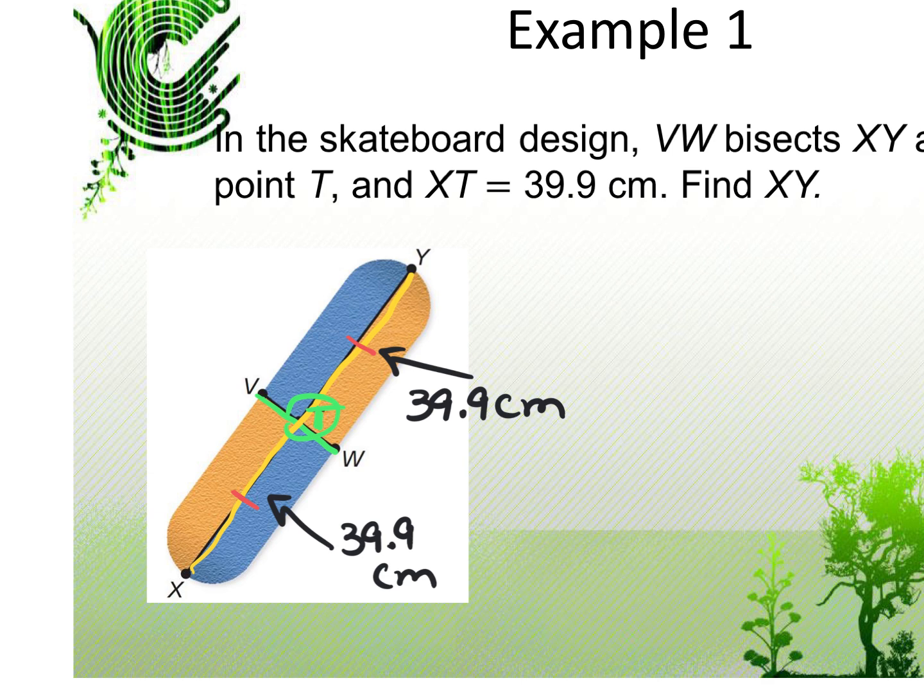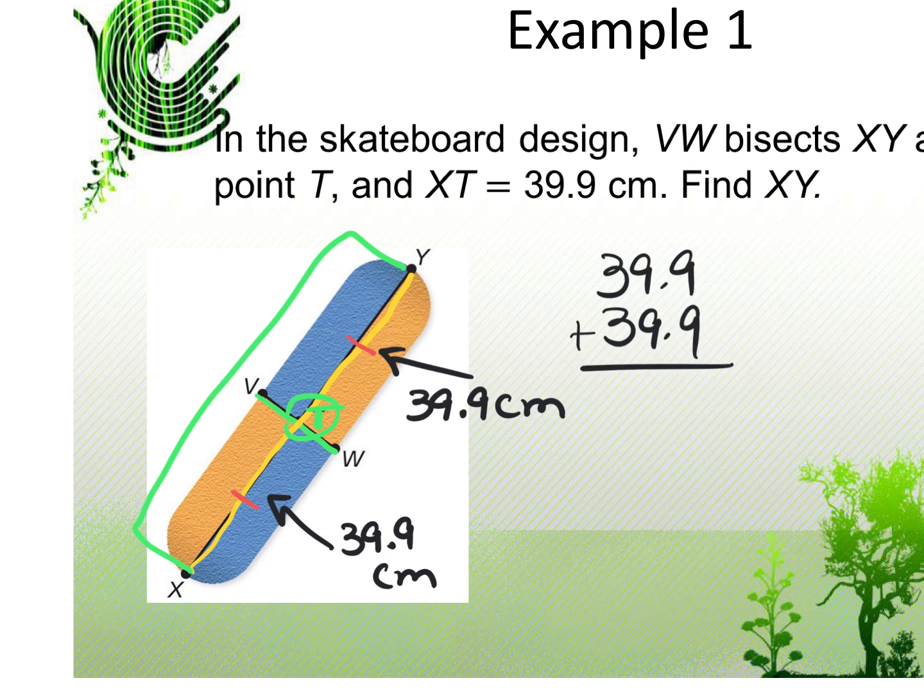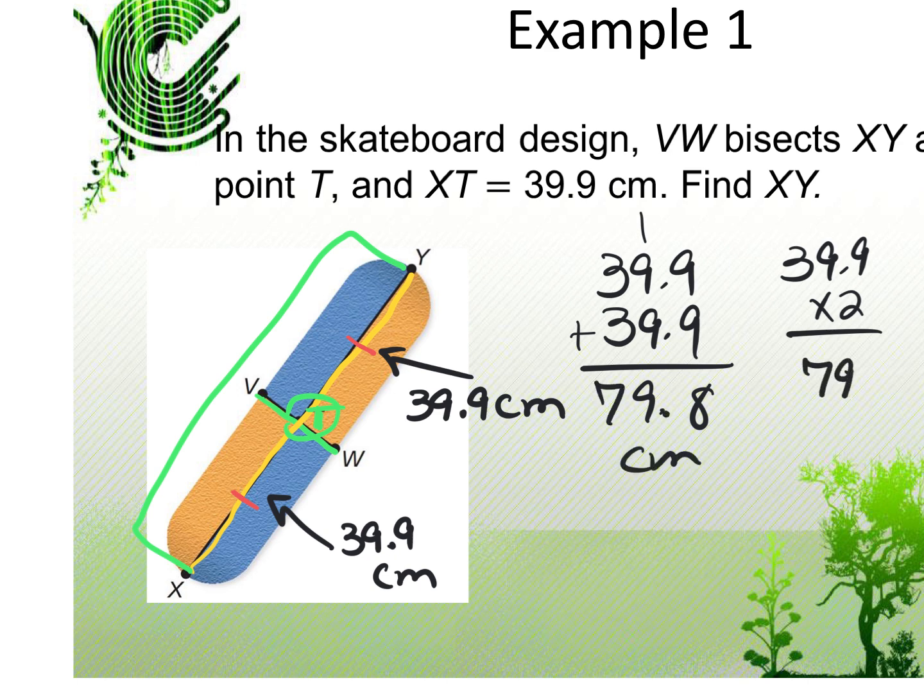So if it wants me to find the length of the whole thing, XY, all I need to do now is take 39.9, add it to itself, or I could have also multiplied it by 2. So I'll go ahead and add this up, and I get 79.8 centimeters. Same answer if I were to multiply it by 2. So the answer to the question would just be to find XY.